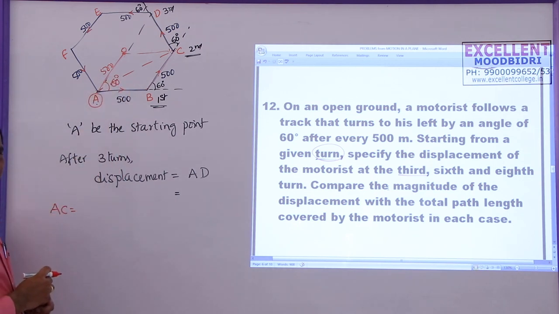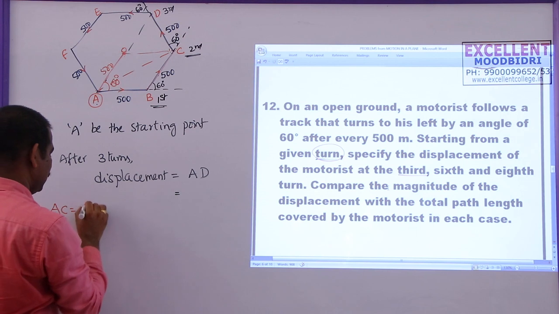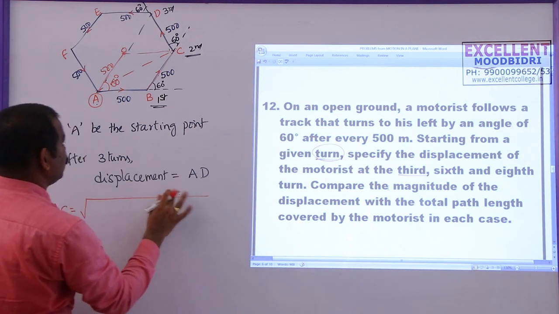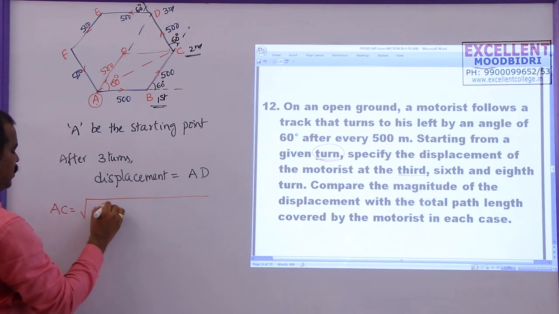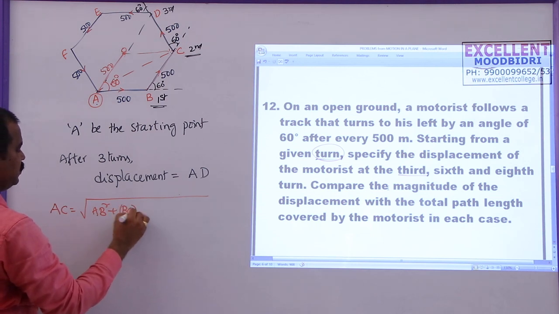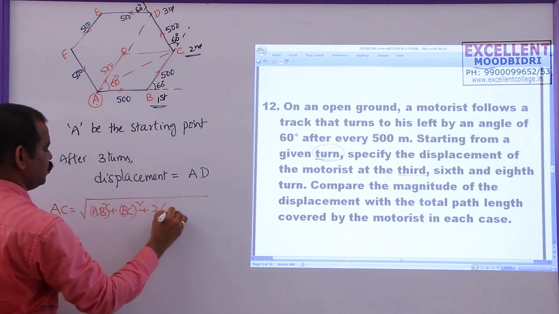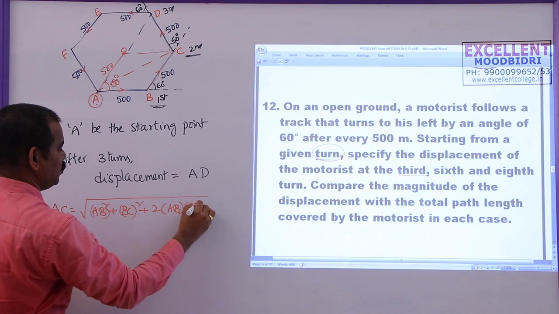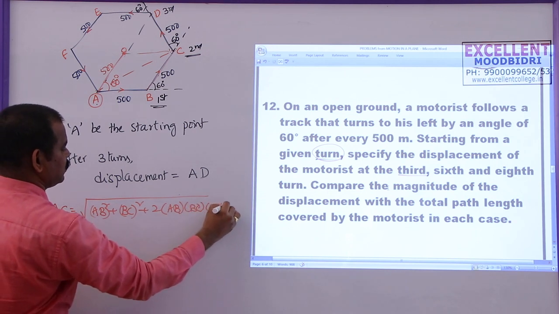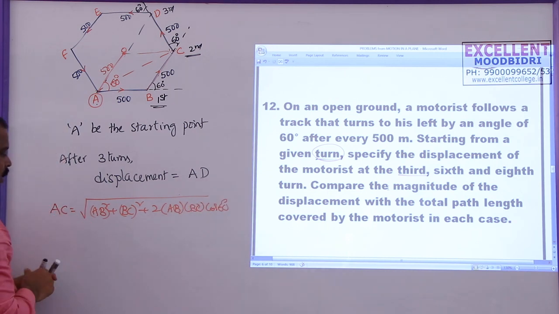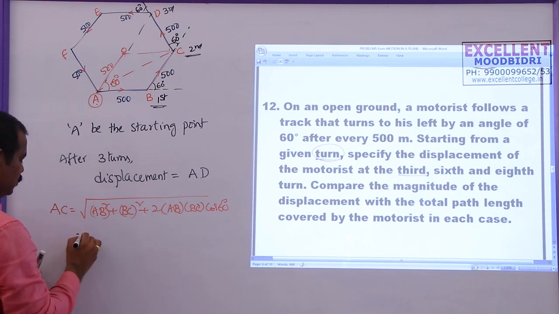By applying the parallelogram law of vector addition or the law of cosines, we can write AC square is equal to AB square plus BC square plus 2 into AB into BC into cos 60. This is the formula. Now let me substitute the values.